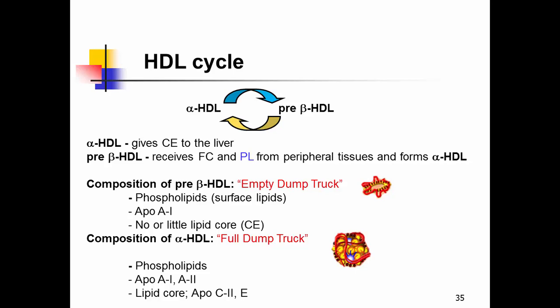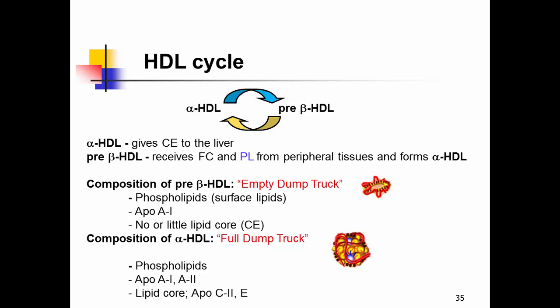Alpha HDL delivers the cholesterol it initially picked up from the peripheral tissue to the liver. And beta HDL, because it's like an empty truck, picks up cholesterol from peripheral tissue and forms alpha HDL, right? What does FC stand for?